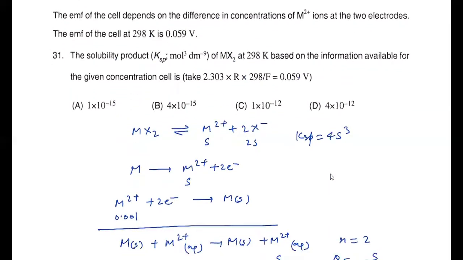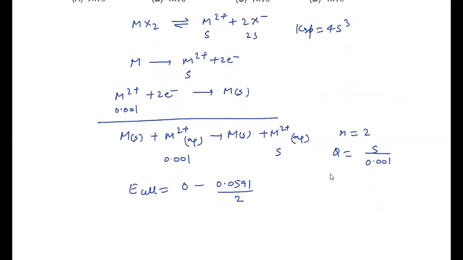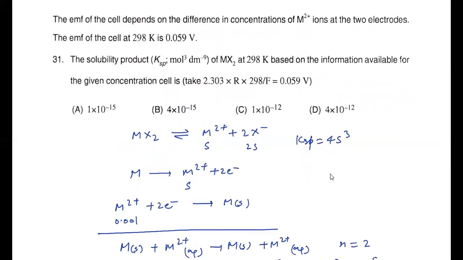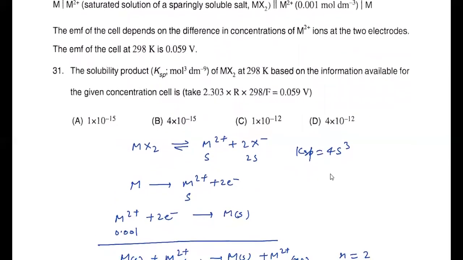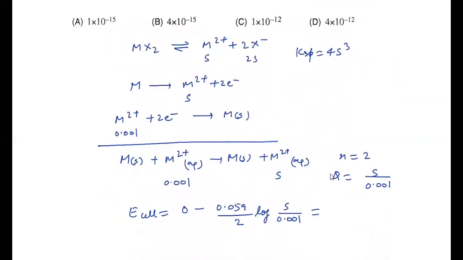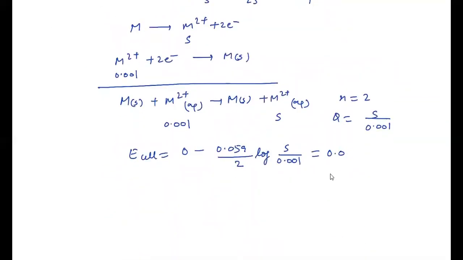And for the question, we have to take 0.059. So we will take 0.0591 by 2 into log of S upon 0.001. And this E cell given to us is 0.059 volt.